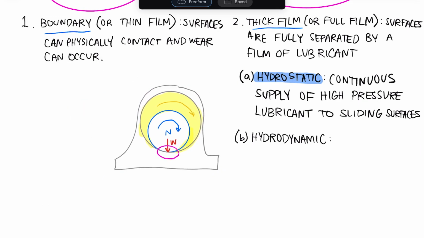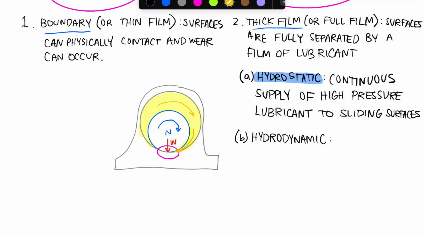For hydrodynamic lubrication, as this shaft rotates with the speed n, the lubricant that is directly on the surface of the shaft is going to move with it, at that same speed n. And it's going to come around and actually be forced into this gap between the shaft and the housing at some pressure.